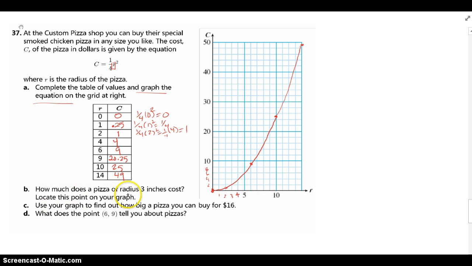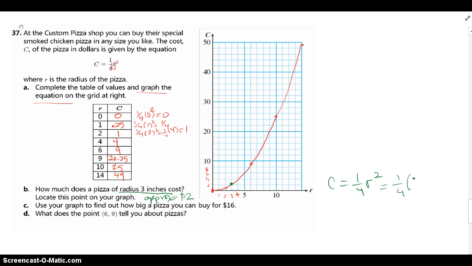It says, how much does a pizza of radius 3 inches cost? Locate this point on your graph. Well, the radius is 3 inches, so at 3, it looks like it'll be maybe $2, maybe more than $2, so maybe approximately $2. If I really want to know for sure exactly how much it costs, I can just use my equation.